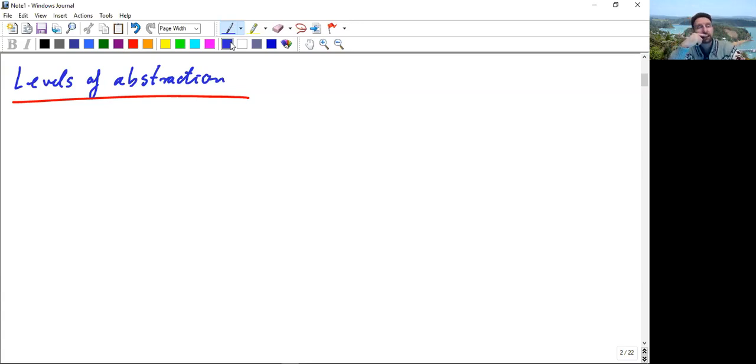Consider Newton's formulation of classical mechanics. What level of abstraction had Newton achieved? Well, Newton had F equal mx double dot, which is a differential equation.